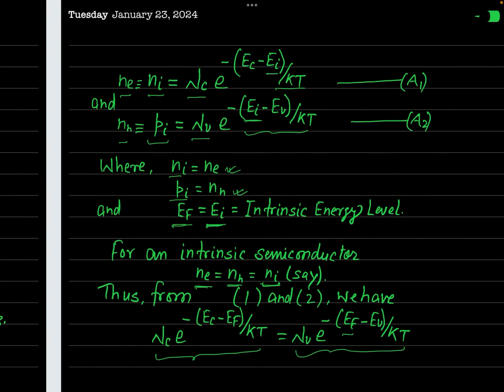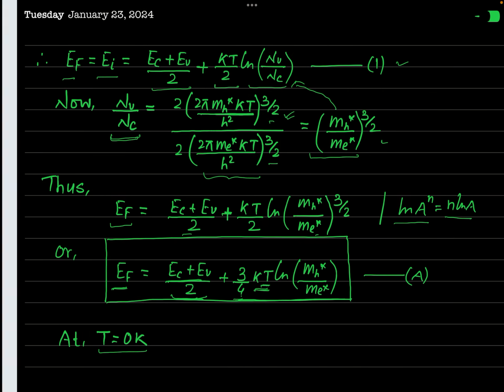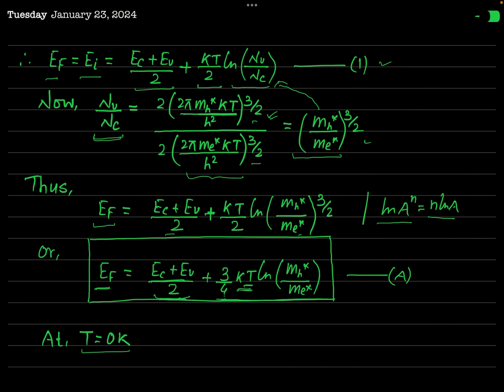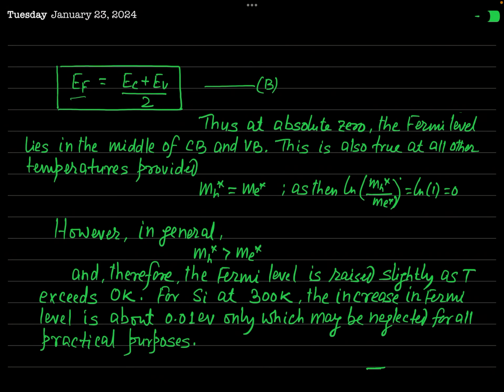But if T is not 0 Kelvin, then what will happen? Then this Fermi level EF will depend to some extent on the temperature. But suppose even when temperature is not 0 Kelvin, the effective mass of hole and the effective mass of electron, that is MH star and ME star, are equal.